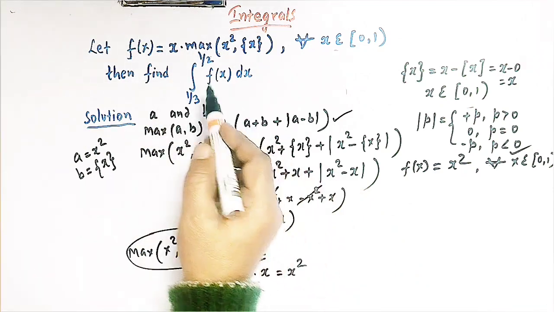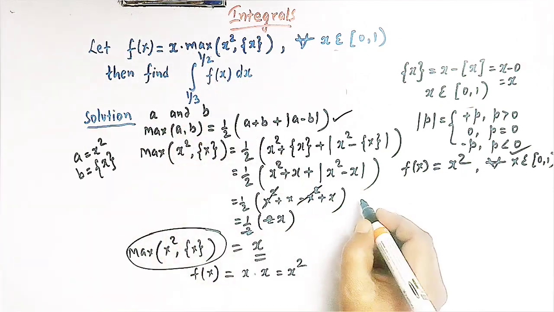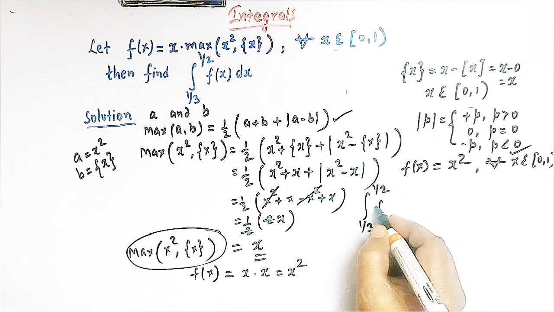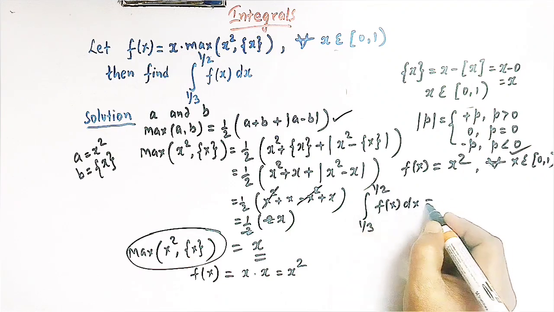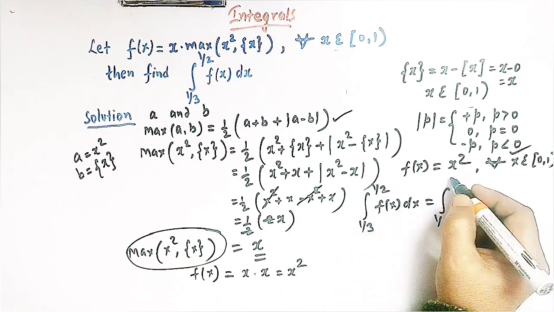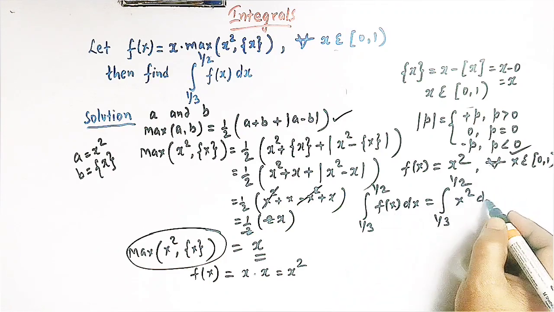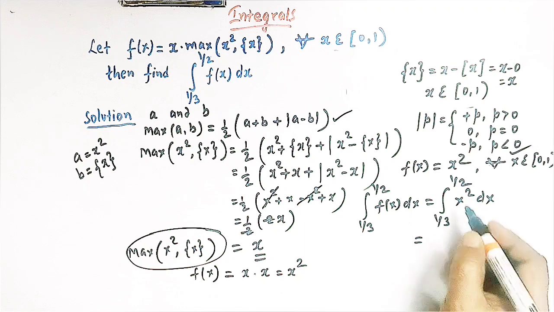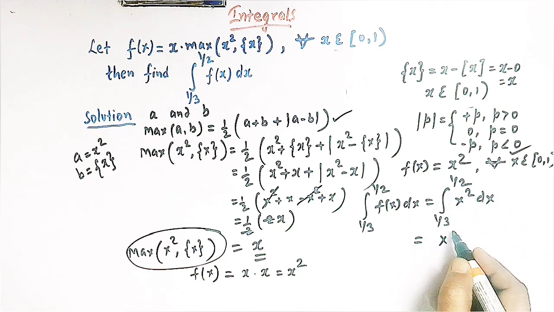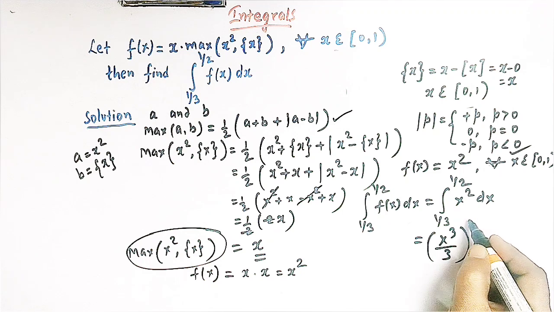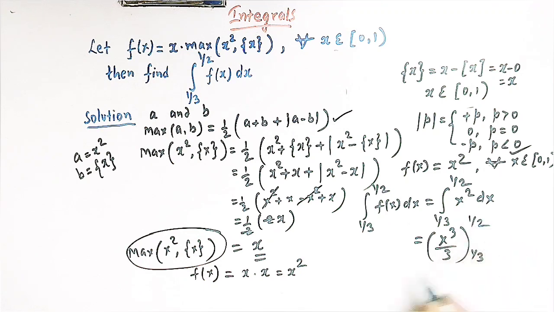So now we can easily find out the value of this integral. So we have the integral from 1 by 3 to half of f of x dx is equal to the integral from 1 over 3 to half of x square dx. Now the integral of x square is simply x cube over 3, and here we have limits 1 by 3 to 1 by 2, right?